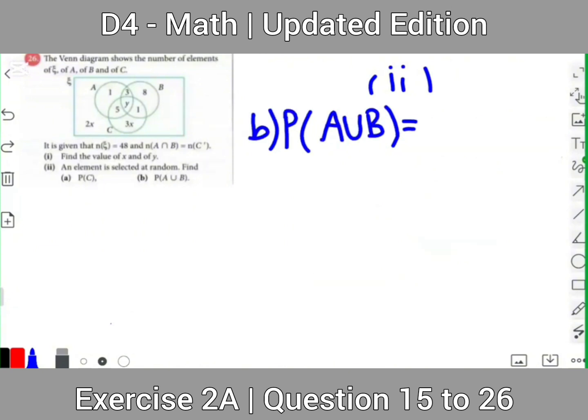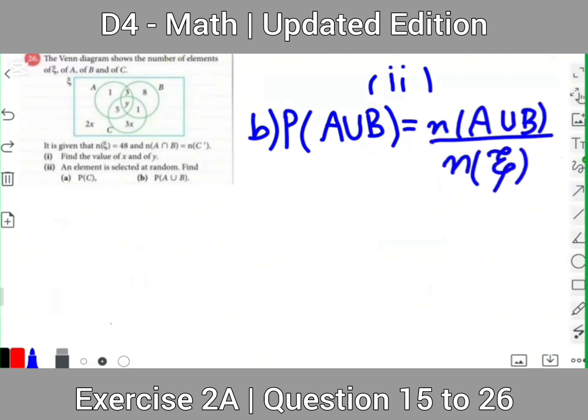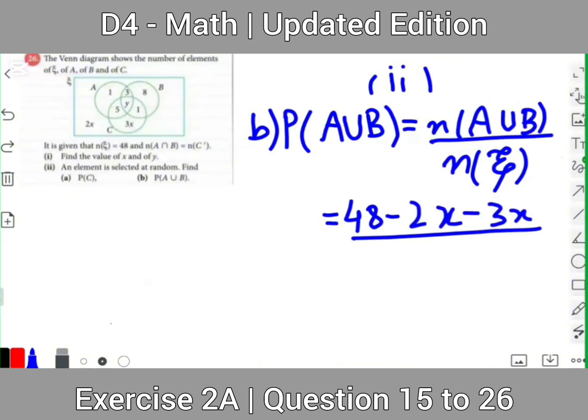In part B, we have to find the probability of A union B. For this, we will use the formula: the probability of A union B is equal to the number of elements in the set A union B divided by the number of elements in the set ξ. So the number of elements in the set A union B is equal to 48 minus 2x minus 3x, and the number of elements in the set ξ is equal to 48.